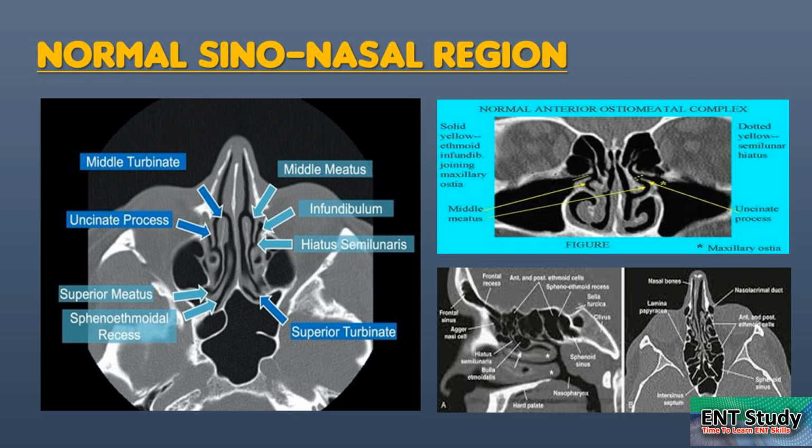First of all, you must know the normal anatomy, and for that you must look at normal scans as much as possible. When I started radiology, my mentor told me that when you look at 1000 normal images, you will start identifying the abnormal. That was very, very true. The more you see, the more you learn.